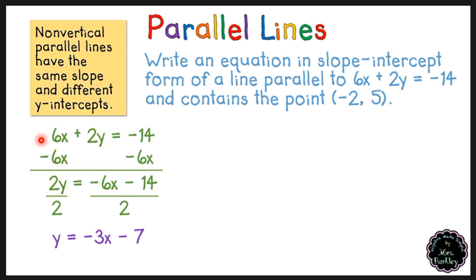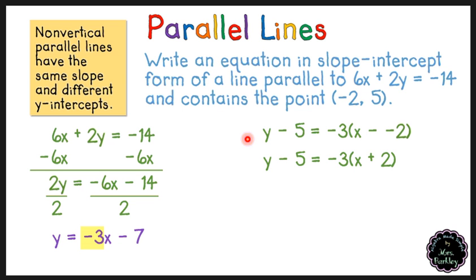So our slope of this line is negative 3. So we are going to use that negative 3 when we plug our values into point slope form. So we substitute our slope and our point into the equation. So we would have y minus 5 equals negative 3, and in parentheses x minus negative 2.